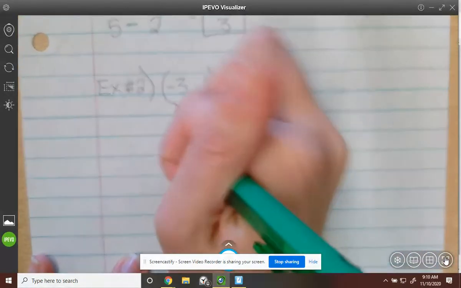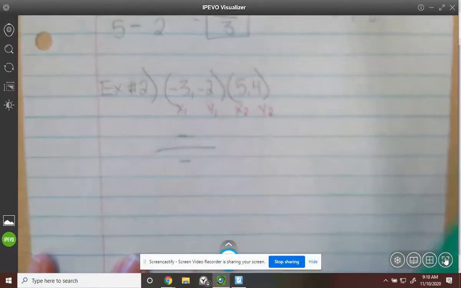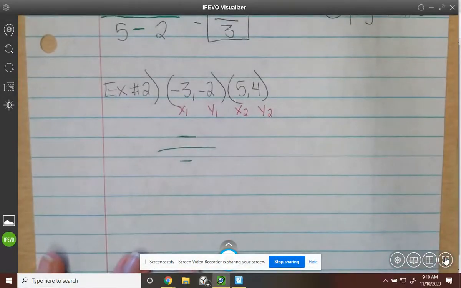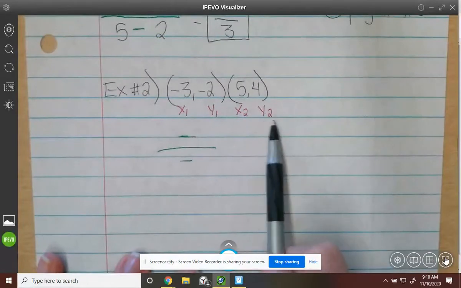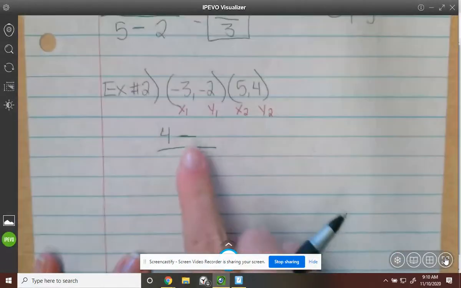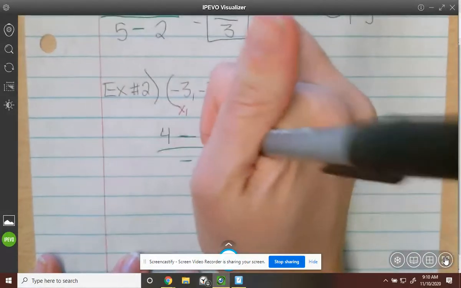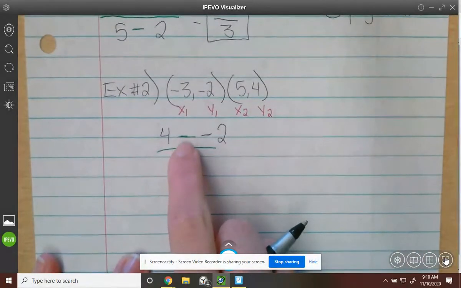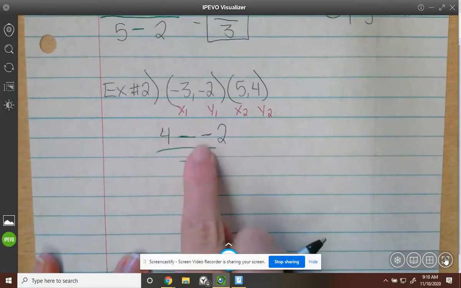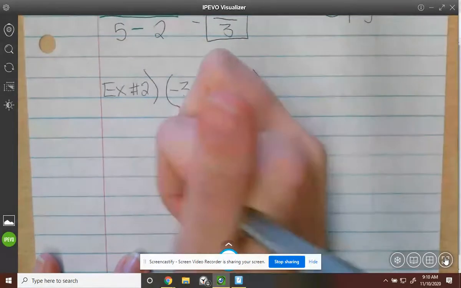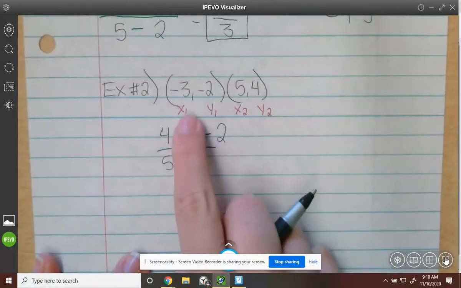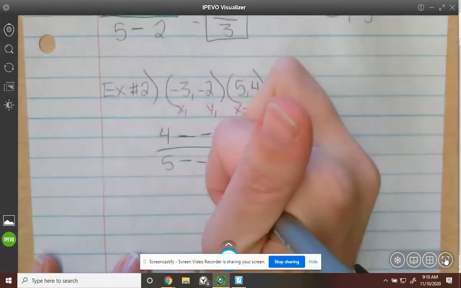So I got my minus sign, division, minus sign. 4 comes first because it's my y2. So 4 minus, and then y1. So a -2. Make sure that does not count as the negative with the 2. You have to write another negative, -2.